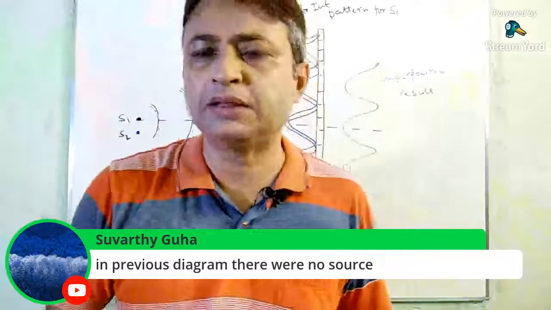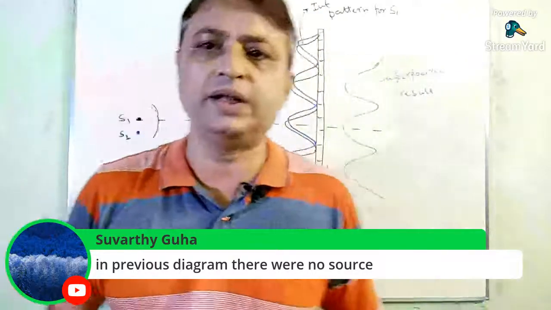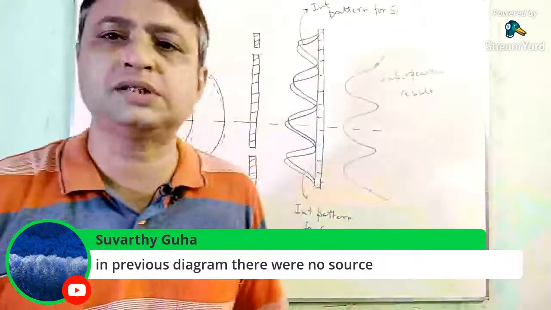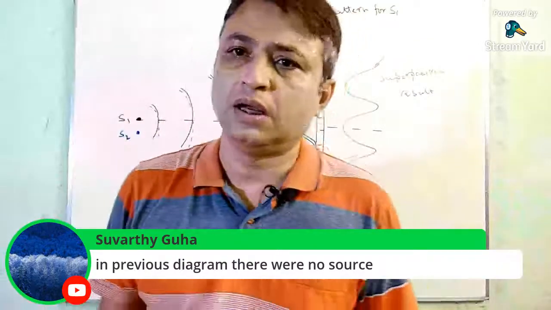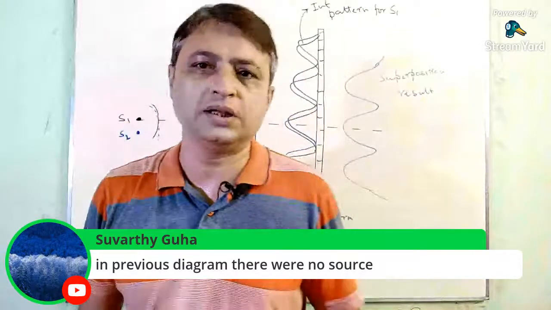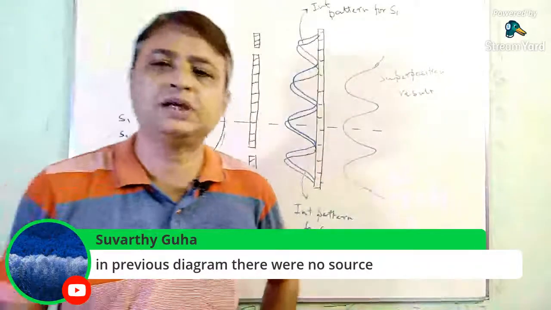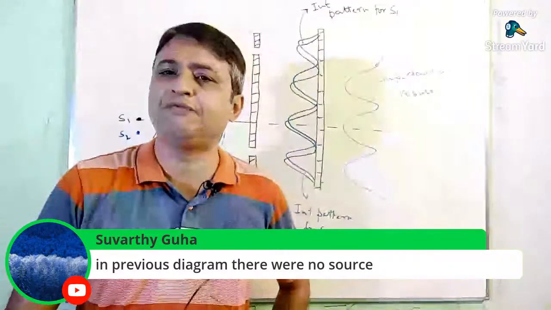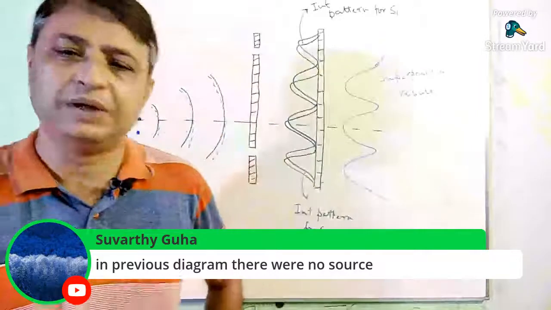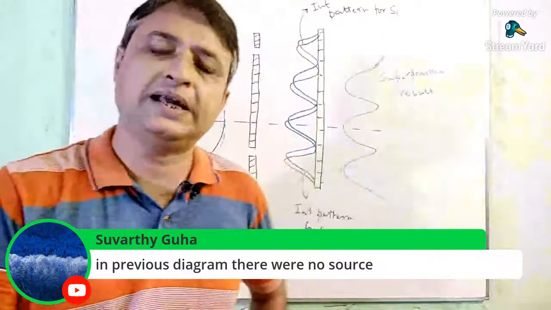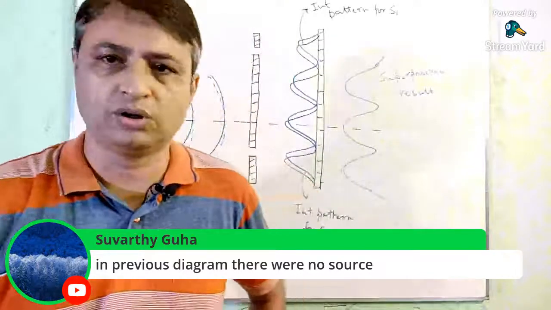Sir, is there any mathematical derivation? Yes, I have already discussed two mathematical derivations, one for the construction and the other for the reconstruction. But for temporal and spatial coherence, this is only the effect. In your syllabus, it is given previously as the effect of coherence in holography.